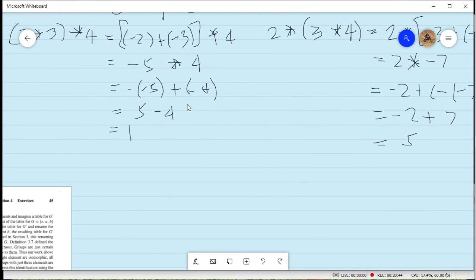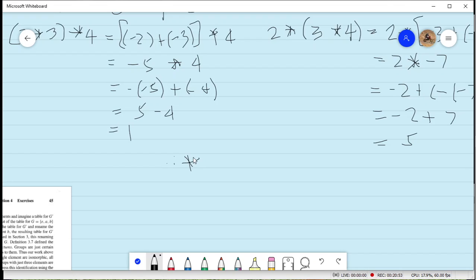So again, this is a counter example showing that the operation, so you can have this conclusion, therefore the operation is not associative.